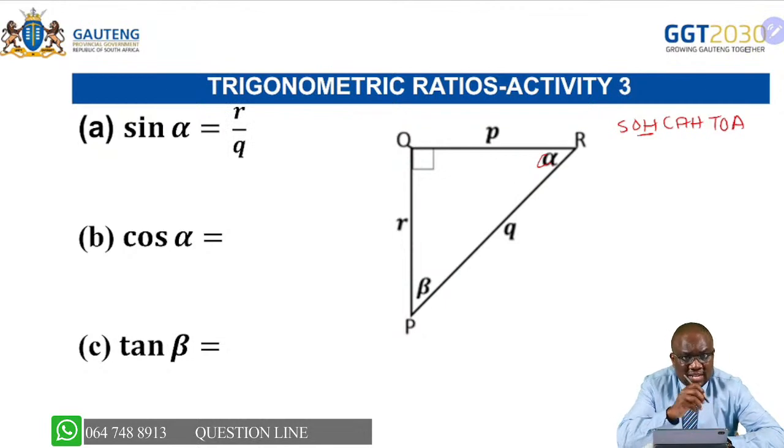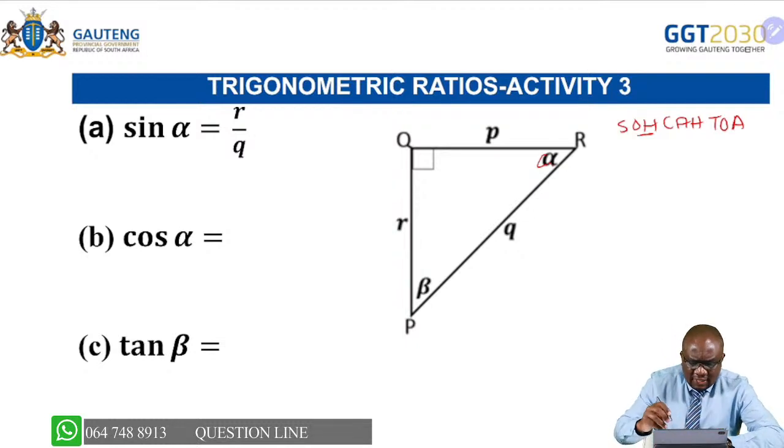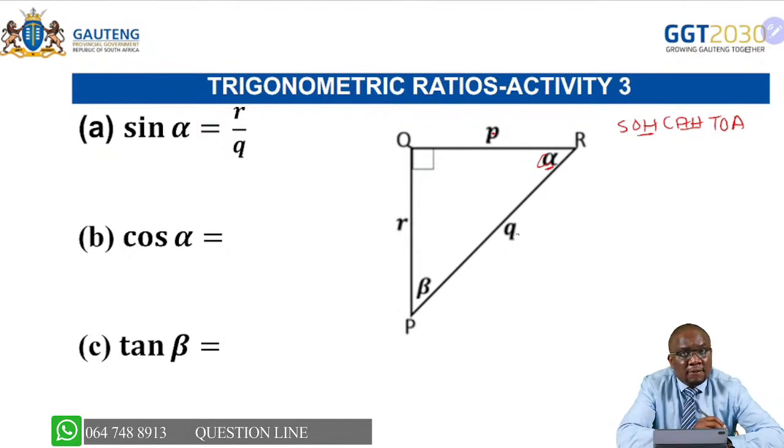Try cos alpha ahead of me fast before I say the answer. Cos alpha, write it down. Good. Cos alpha is adjacent over hypotenuse. Let's look at angle alpha here. Adjacent is P, hypotenuse is Q. So cos alpha is P over Q. Mark that if you got it.